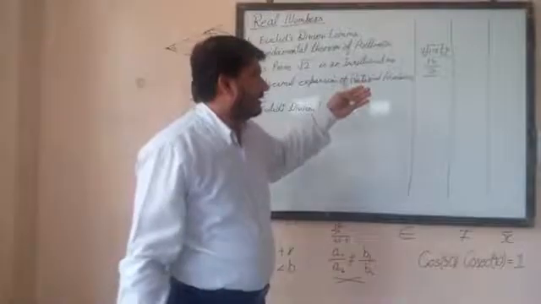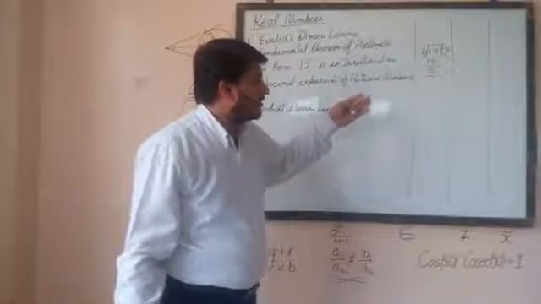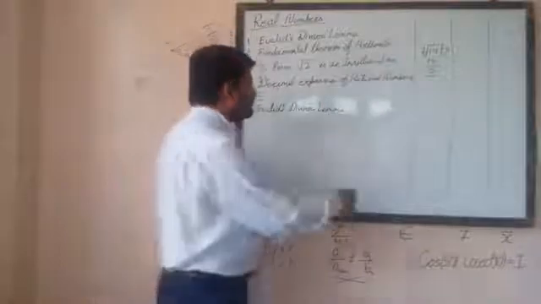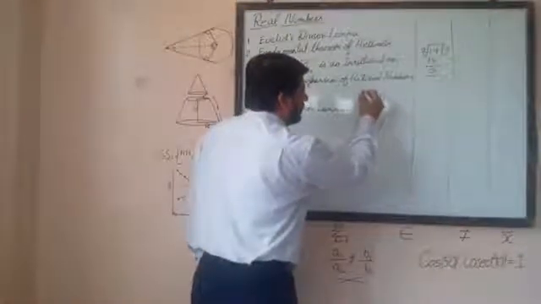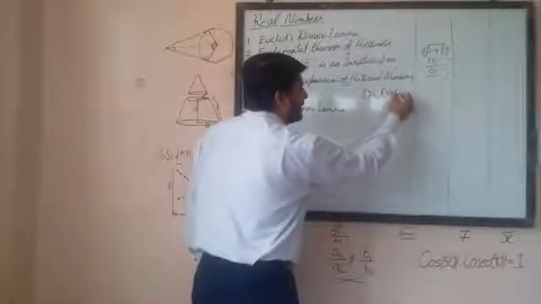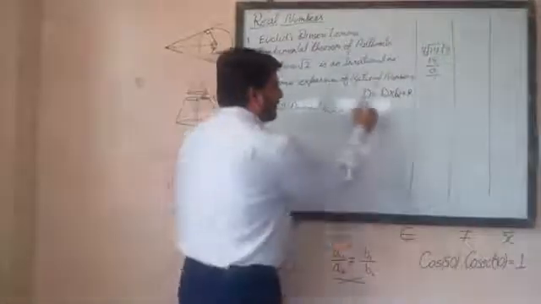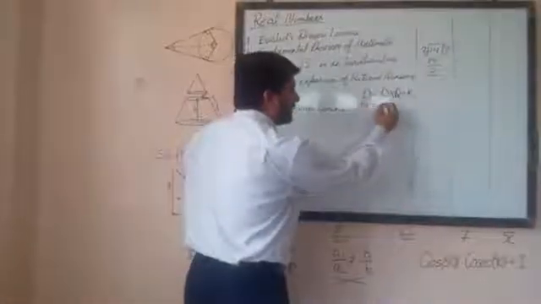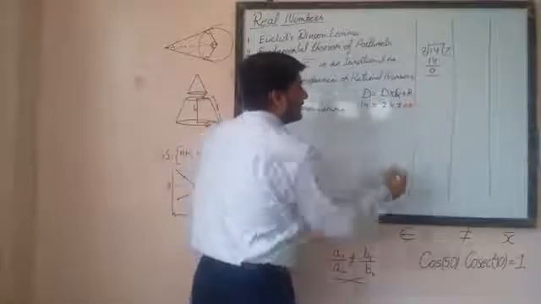And when we used to verify whether we have done this correctly or not, we used to write it in the form: dividend equals divisor into quotient plus remainder. Here our dividend is 14, divisor is 2, quotient is 7, and our remainder here is 0.